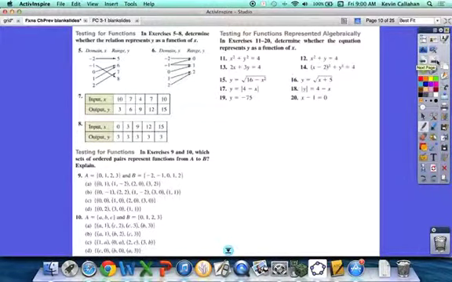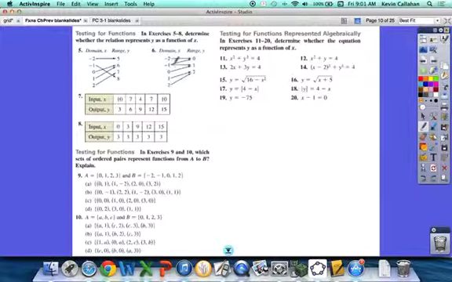Functions. How do you tell in any of these formats whether or not you're dealing with a function? Like in a table, or a mapping diagram like this, what do you look for? What are you looking for in these?